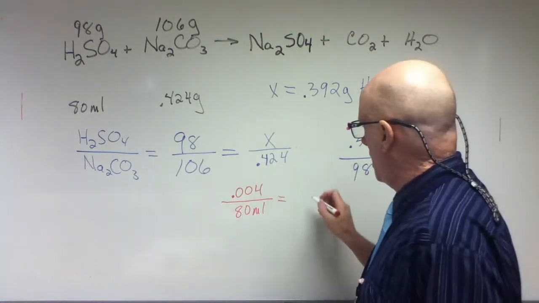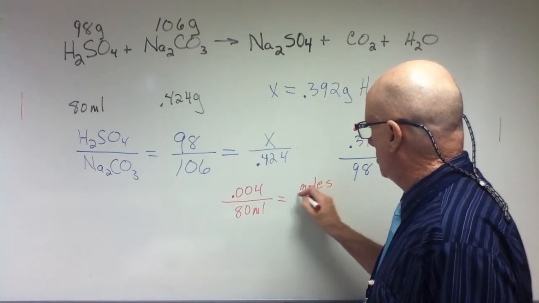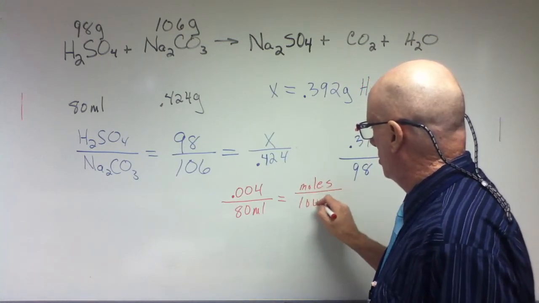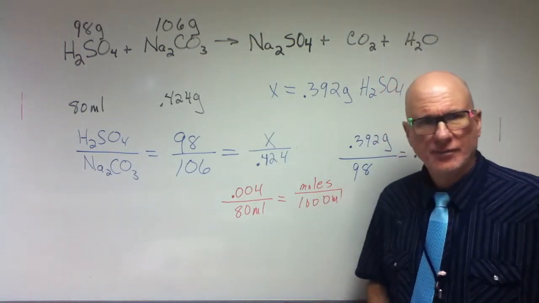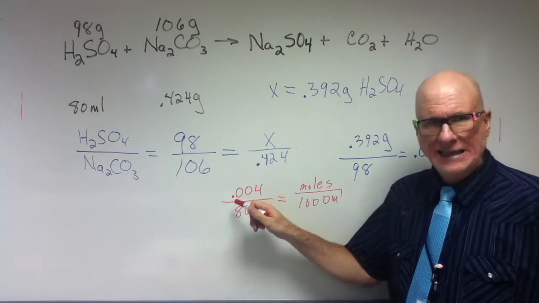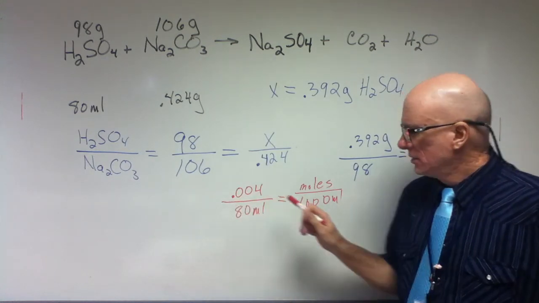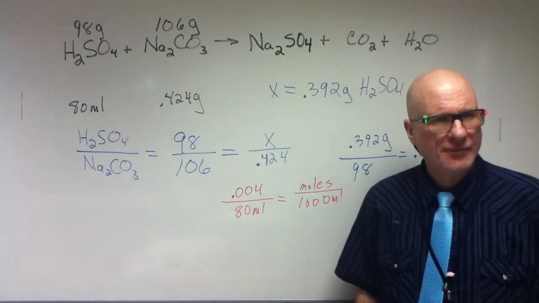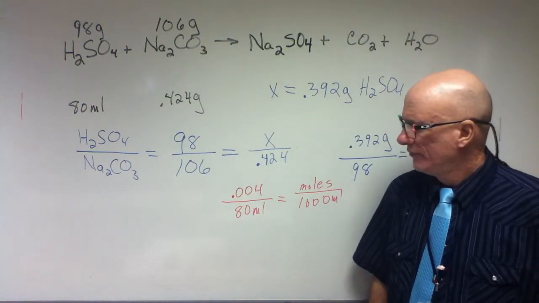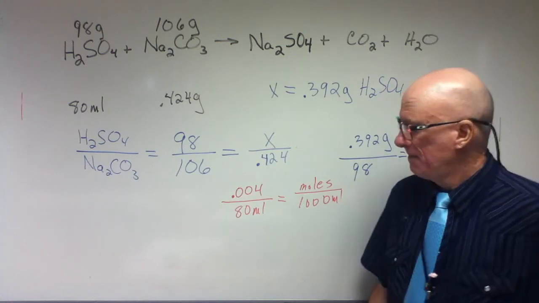So don't I want to know moles over 1,000 milliliters? Yeah. So what is 0.004 times 1,000 divided by 80? 0.05. All right?